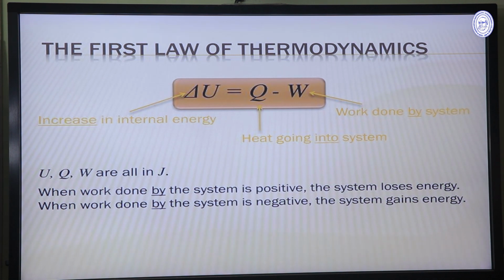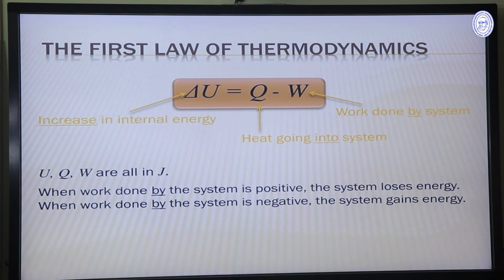Here the equation is written as Q minus W, because the work is done by the system. Always remember, there are two options: either the work will be done by the system or the work will be done on the system.